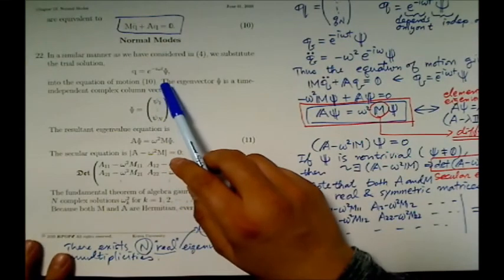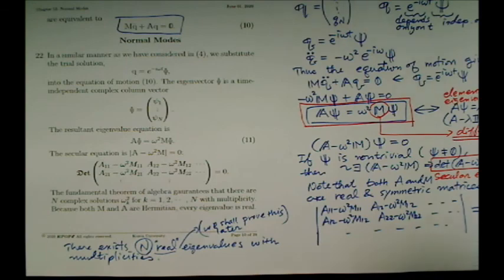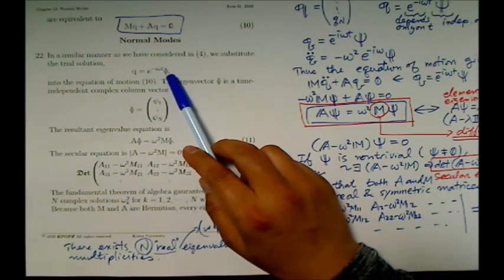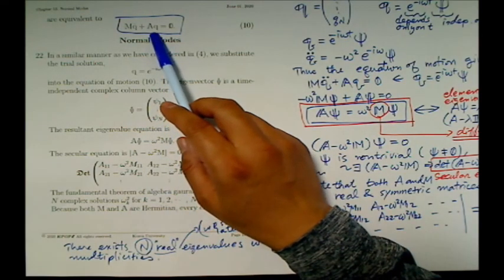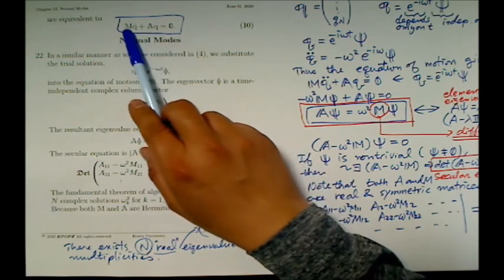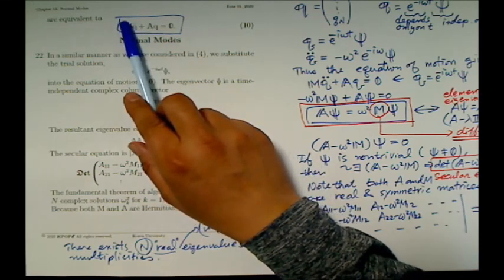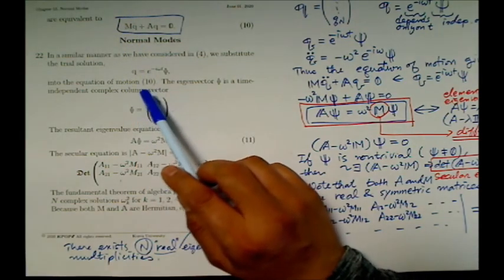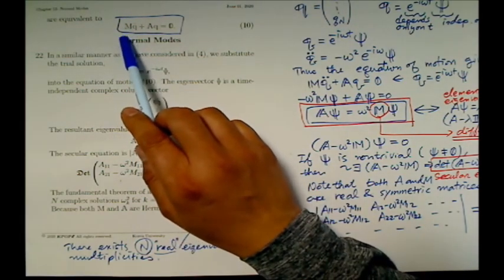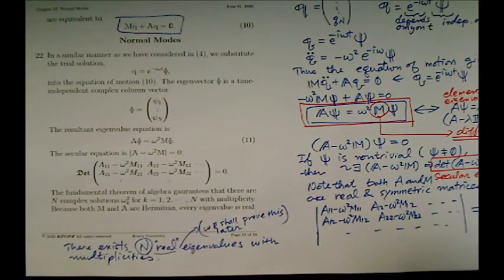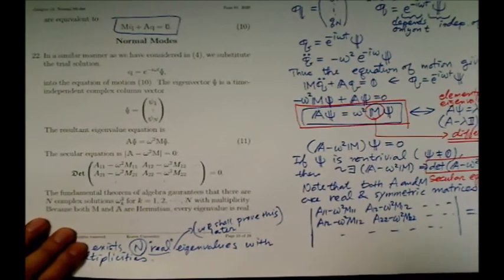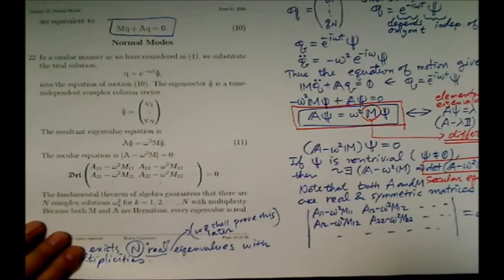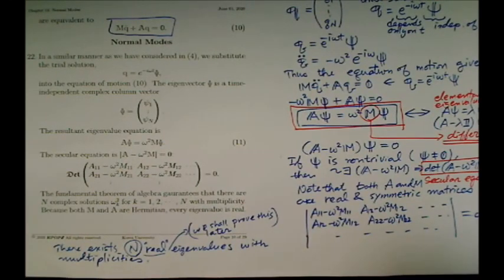Now we introduce again the trial solution. In the previous case, this mass matrix was the identity multiplied by the mass, but here we consider the general case where the mass matrix is Hermitian. That means there exists a non-vanishing contribution for the off-diagonal pieces.